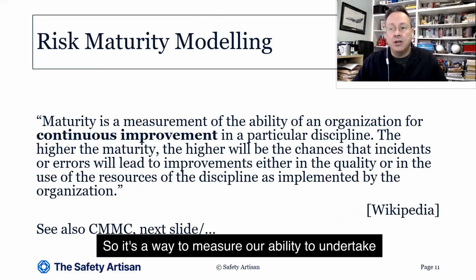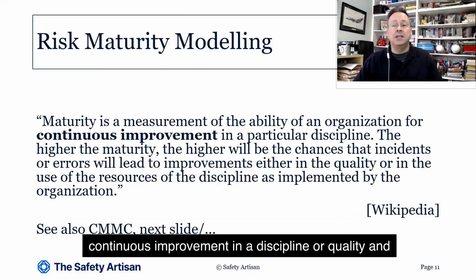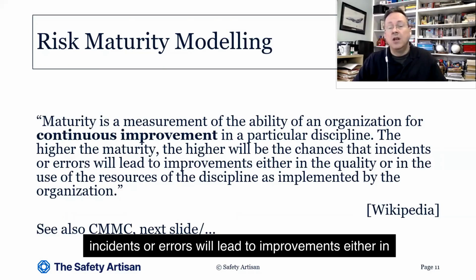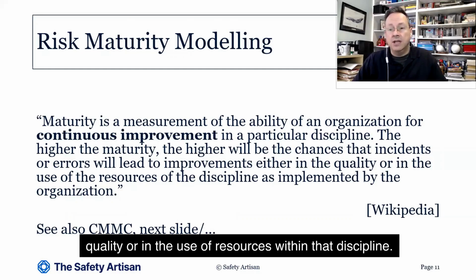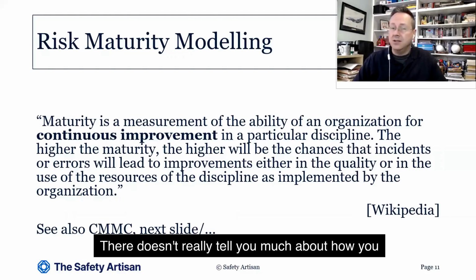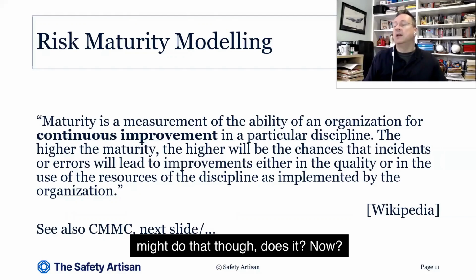It's a way to measure our ability to undertake continuous improvement in a discipline or quality. And the higher the maturity, the higher the chances that incidents or errors will lead to improvements, either in quality or in the use of resources within that discipline, within the organization. So nice definition there. Doesn't really tell you much about how you might do that, though, does it?